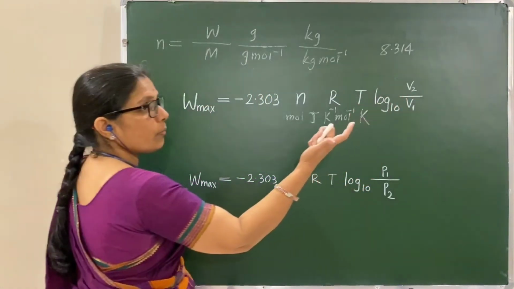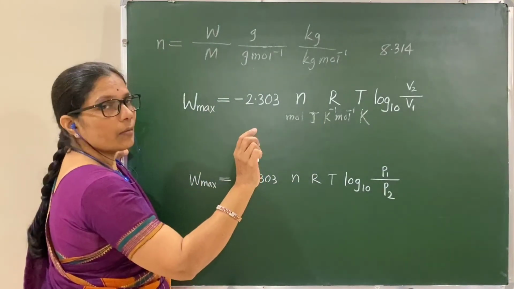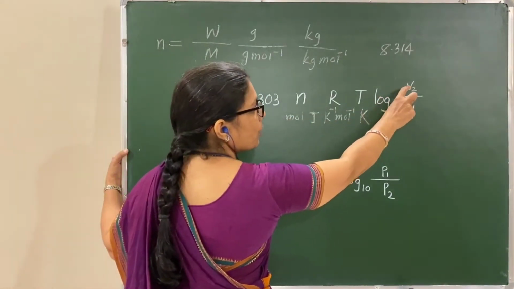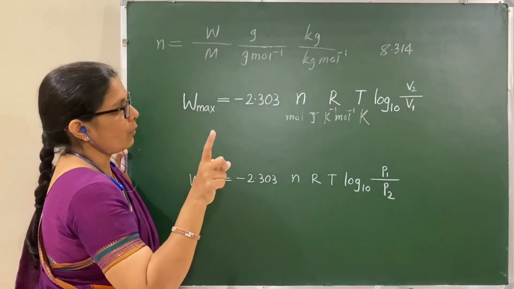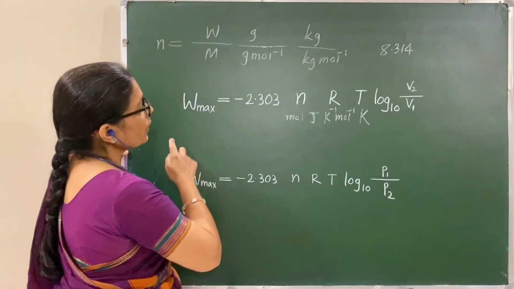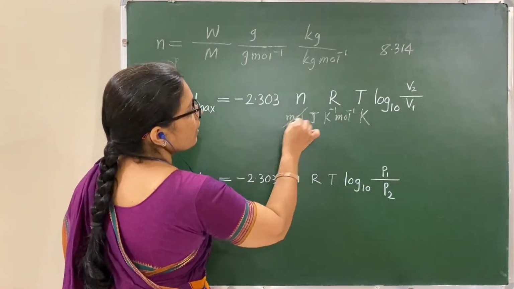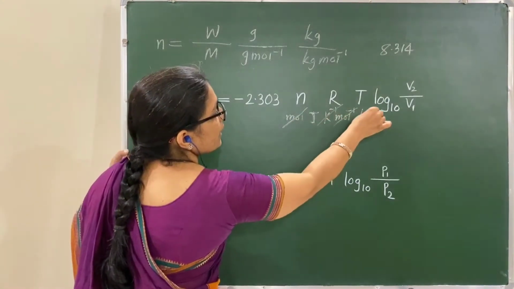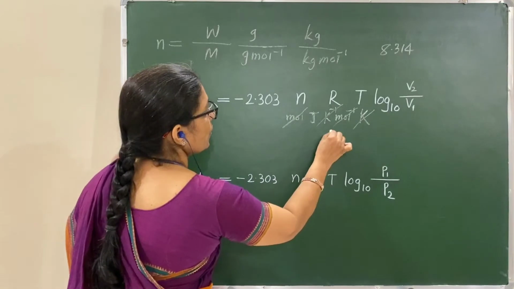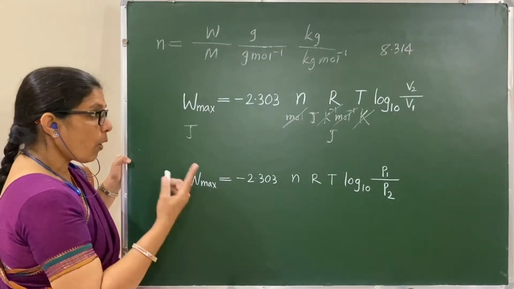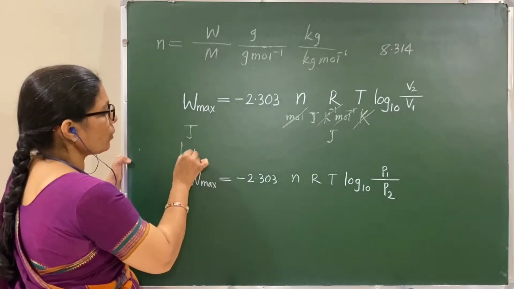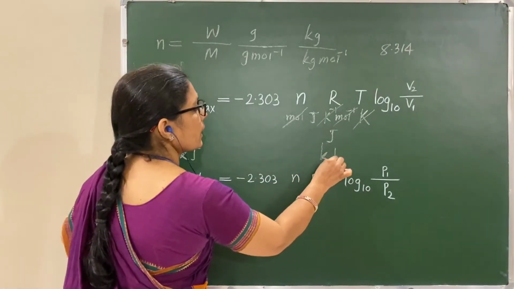Therefore, volume can be in any unit, but V2 and V1 must be in the same unit. Then mole and Kelvin cancel, joule remains. Therefore, the unit of W is joule, or if it is in kilojoule, then it is in kilojoule.